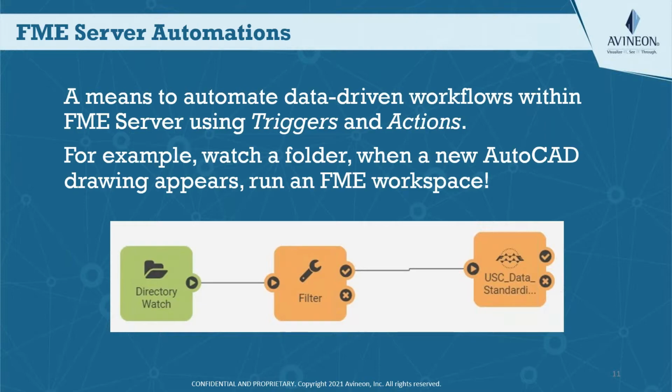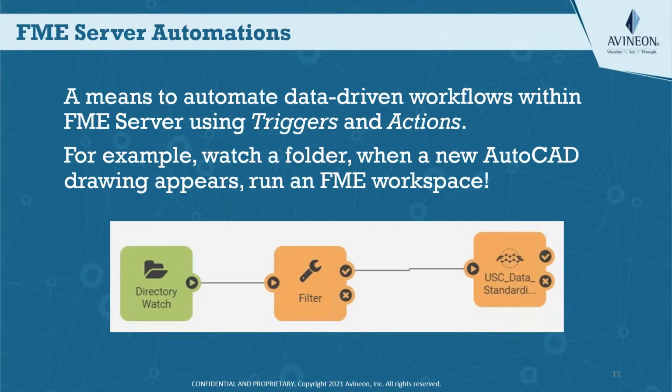They drop the files in there, and what's going on is FME Server is watching that folder and checking it every 30 seconds. So it looks at that folder, there's nothing in there, it waits 30 seconds, and during that time, somebody dumps 50 AutoCAD drawings in there. It then looks again, 30 seconds later, it says, aha, there's new data there, there's new files there, I need to do something.